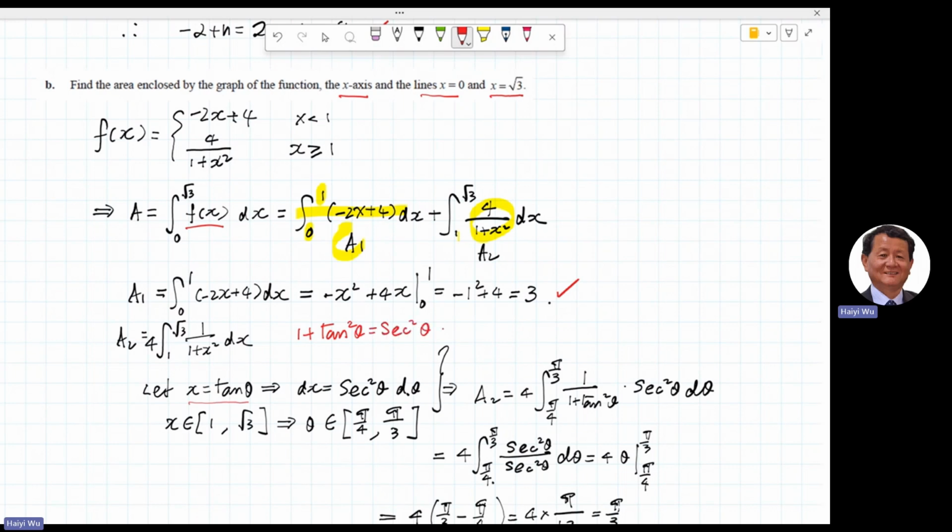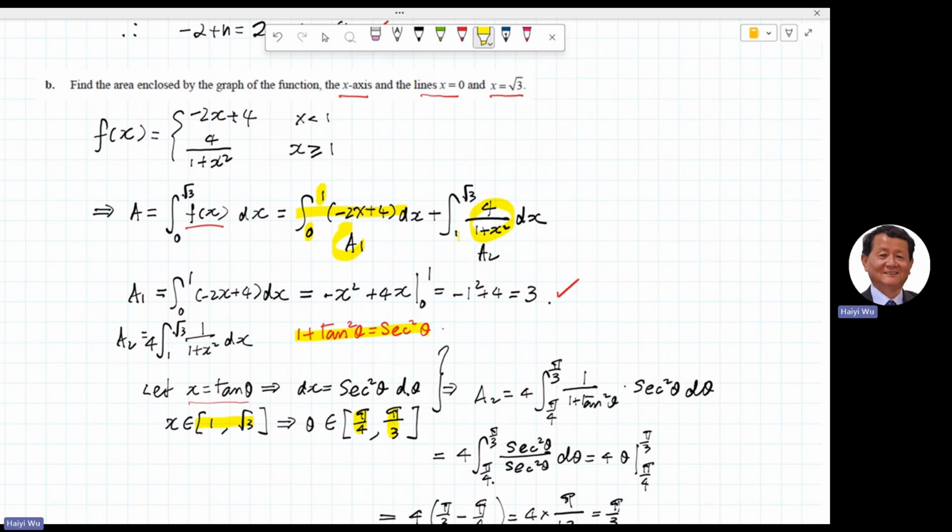This is a very important trigonometric identity for solving integration problems. So dx will be the derivative of tan, which is sec squared theta d theta. Now we change the domain from x from 1 to square root 3, so theta will be from pi over 4 to pi over 3. This is the new domain for theta.